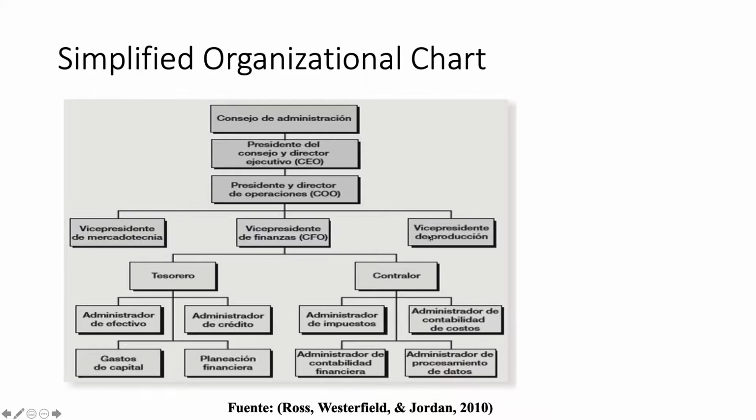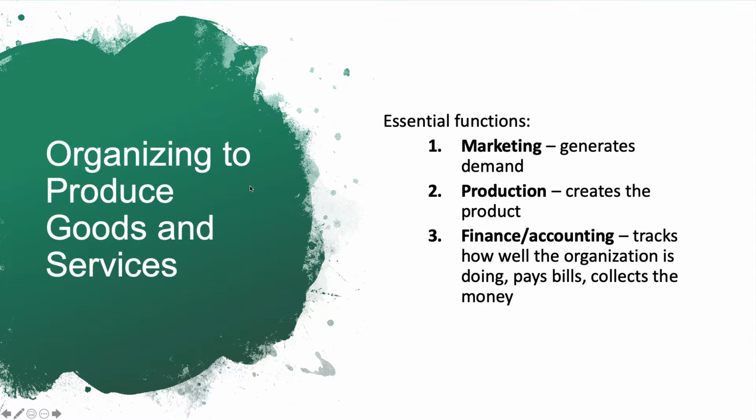Okay, so this is something that we need to analyze, because this organizational chart is the way we can see the importance of these areas in particular: marketing, the finance and accounting area, and the production area. All these areas, according to Ross, are supervised by the COO, all right, or the operation chief.